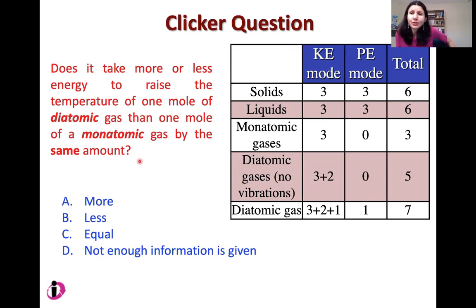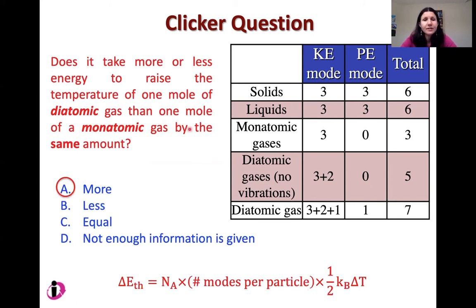Which one will require more energy, or will it require the same amount? Just remember, we have the same amount of each gas, 1 mole. So think about how thermal energy is connected to temperature in terms of modes.